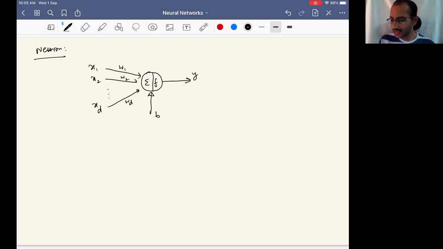Correct? And this y is equal to f of summation wi xi, i equal to 1 to d, plus b. This we have also seen as the net value, which is sigma wi xi plus b.